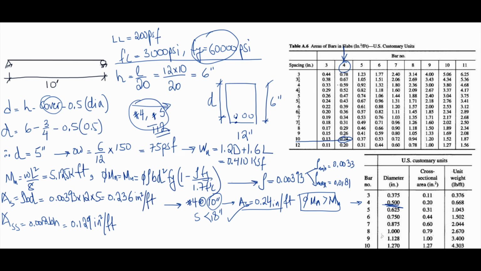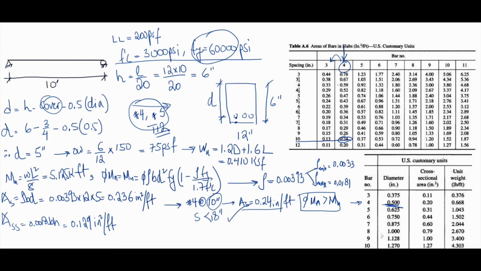Again, going to the same table, I want something that gives me 0.129. I don't have to stick to number 4, because that was my assumption for the main steel. For the shrinkage temperature, I just need to check for a lighter bar, because the bigger bar will be for the main reinforcement.